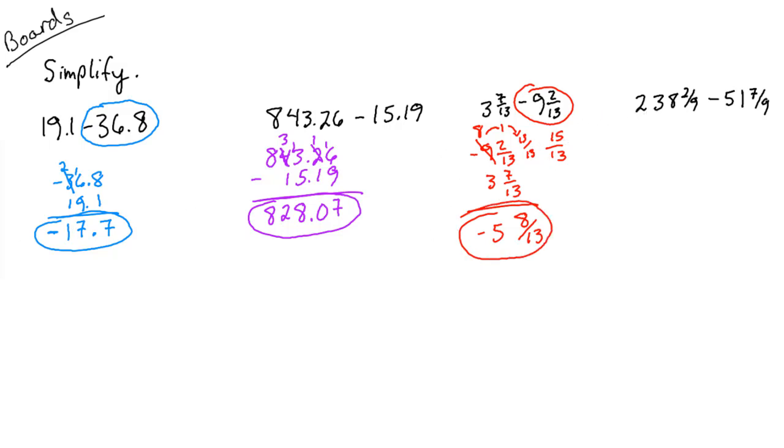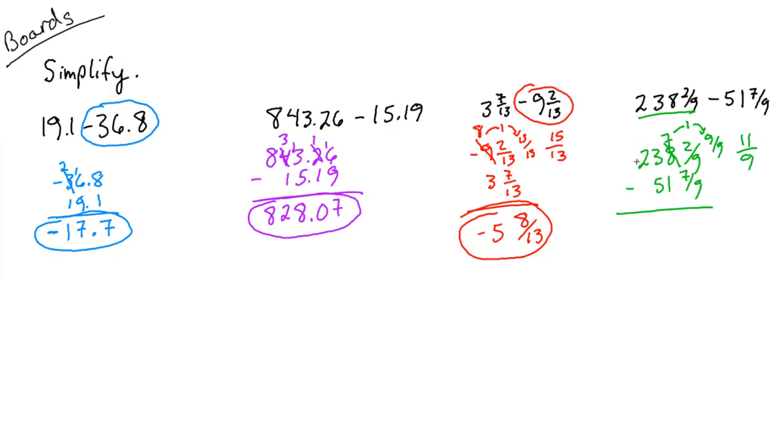And the last one. Which one's bigger? This guy's bigger, stronger. 238 and 2/9 minus 51 and 7/9. Okay, 2 minus 7, we can't do that, so we're going to take away from that guy. That leaves 7 of those, and we take the 1, and it comes over here as a 9/9, which means this is 11/9.